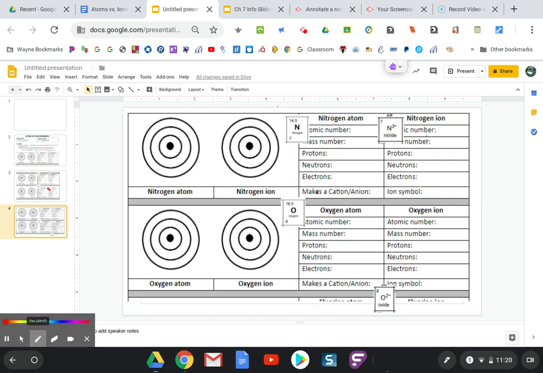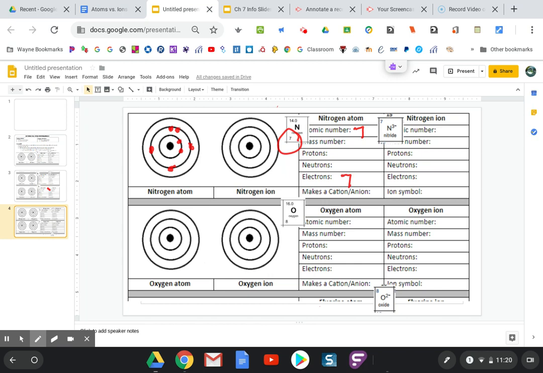All right, so we see that nitrogen has atomic number 7. So it's got 7 electrons. So there's 1, 2, 3, 4, 5, 6, and 7.